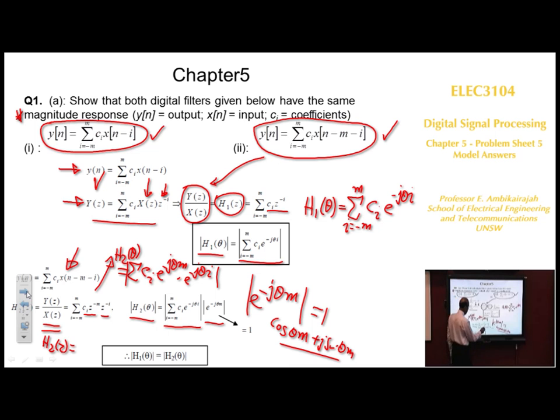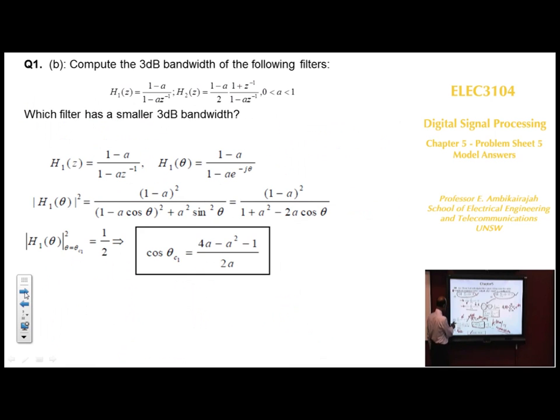So you end up with H2 is that one, H1 is this one, and they're exactly the same. So modulus H1(θ) is equal to modulus H2(θ). It's not a difficult question. You just need to go through the steps one by one.